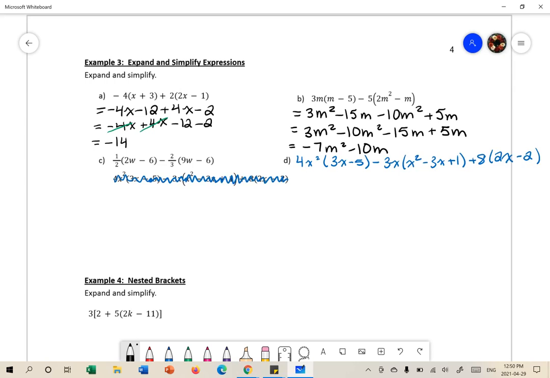In question C, we're multiplying it by a fraction. To make this easier to multiply, I'm going to make all these whole values fractions. And remember that all whole values have an invisible denominator of 1. So now it's easier for us to multiply the numerators together and then the denominators together.